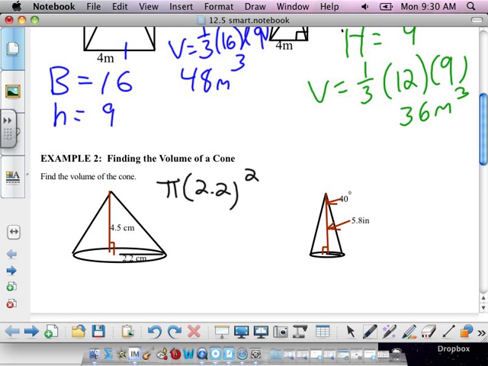Okay, do we want to use pi or 3.14? Okay. 2.2 squared times pi equals 15.2. And then we're going to times that by what? The volume equals 1/3 times the base times the height.